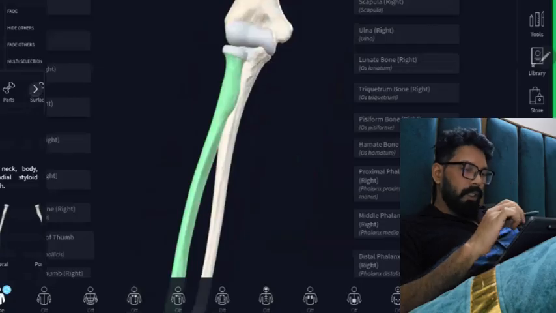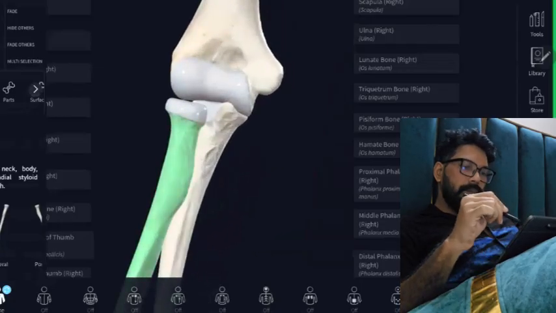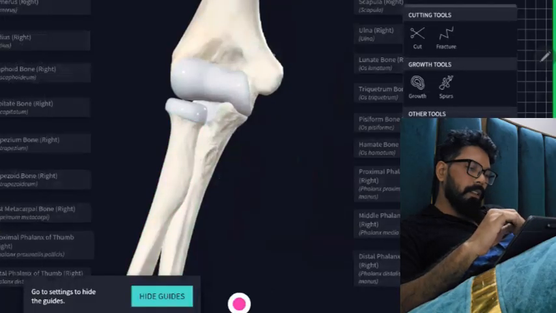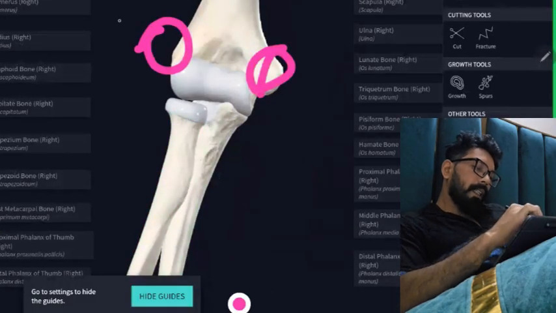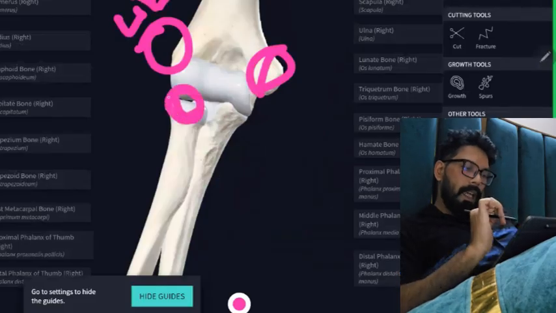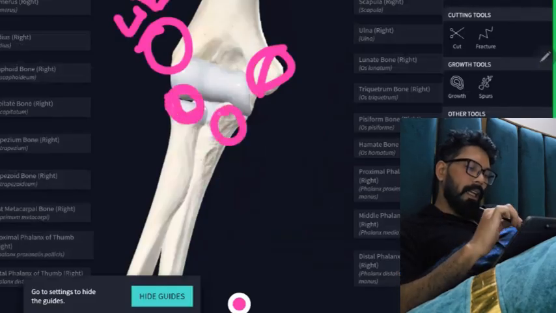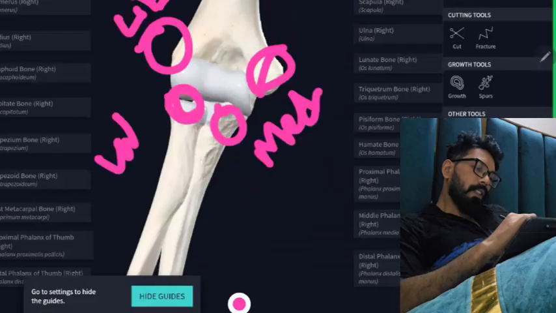Now only a few important things you need to know. At this side we have our medial epicondyle, at this side we have our lateral epicondyle. We all know this is our radial head and this is our ulnar head. So ulna is on the medial side, radius is on the lateral side.